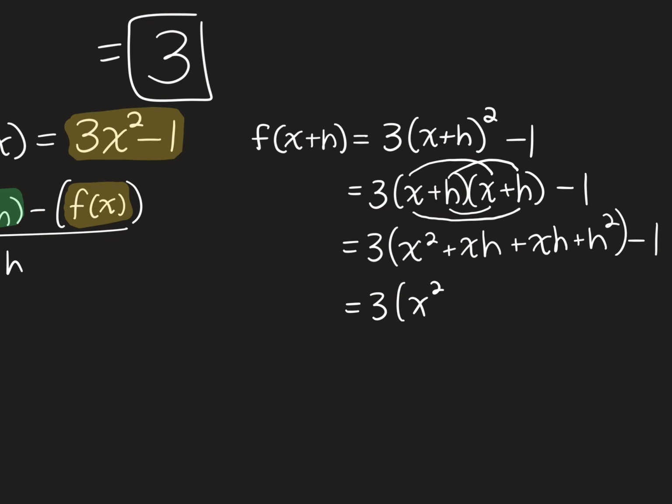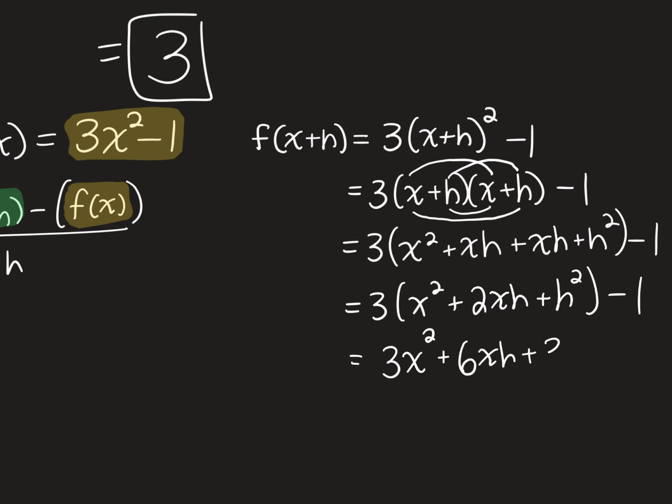You have 2 of them, right? So we have plus 2xh plus h squared. And then distribute the 3. So we have 3x squared plus 6xh plus 3h squared minus 1.